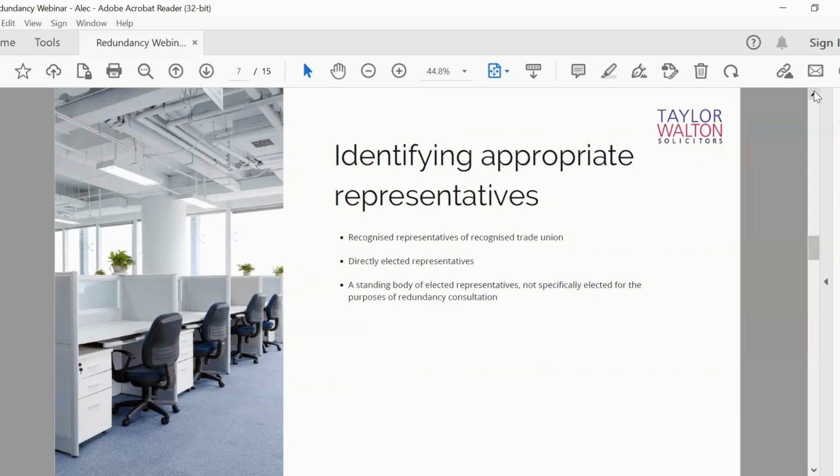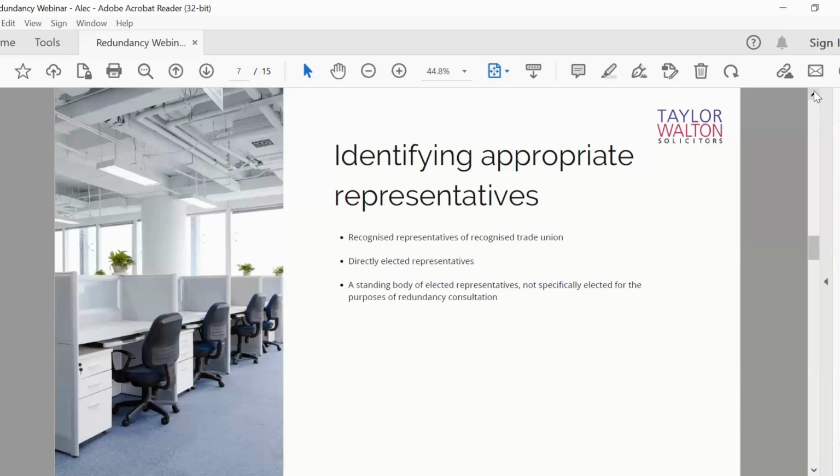In most cases where there's not a recognised union, it will be directly elected representatives from the staff affected by the proposals put forward by the employer. And this can be a bit of a palaver.